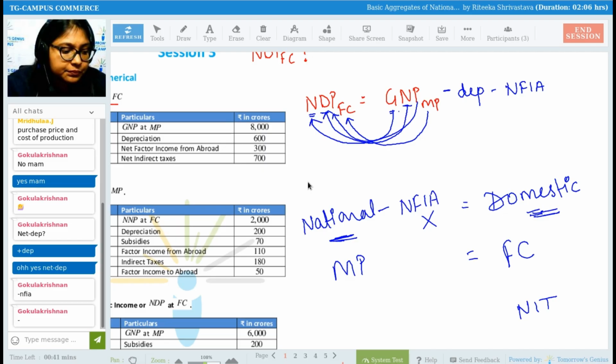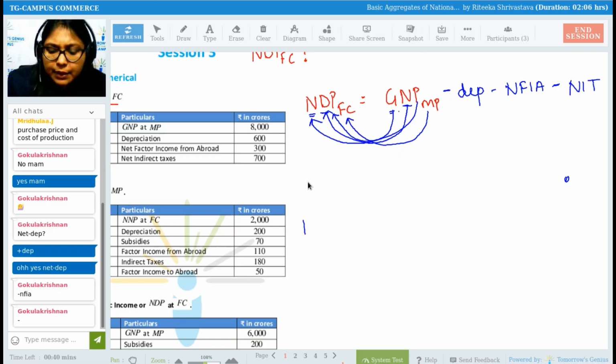What about others? MP to FC, what do we do? We deduct NIT, that is net indirect tax. And the same thing you will be doing over here, net indirect tax.